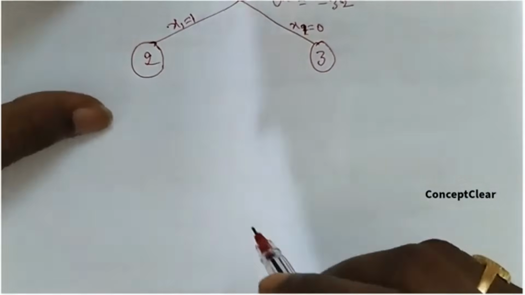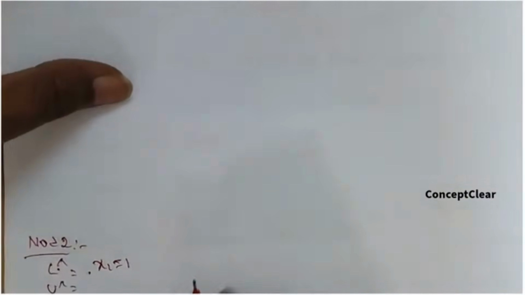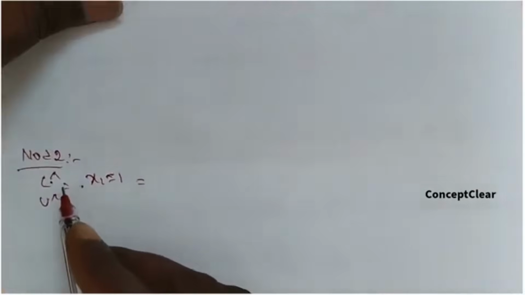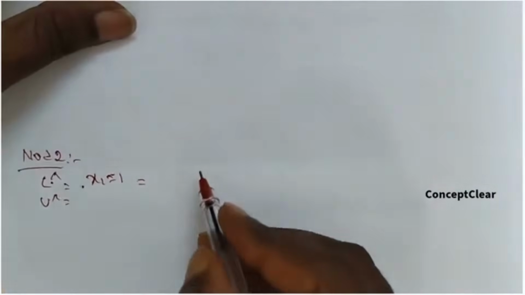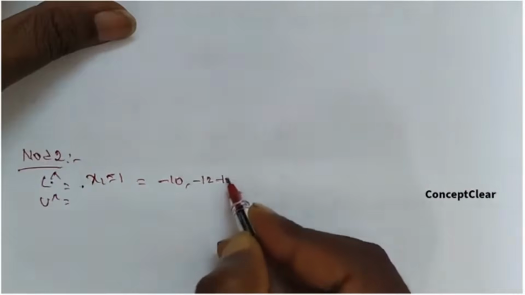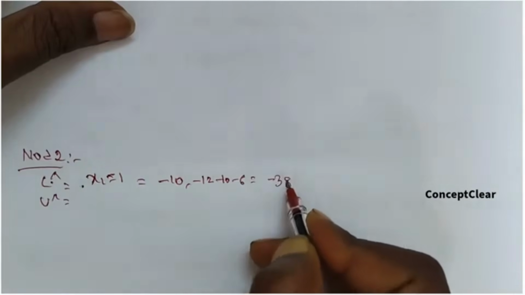What about the fourth? For the lower bound, the fraction values will be considered. The values are the same as the previous values, so I am not doing it here. The lower bound values are minus 10, minus 12, minus 10, minus 6. What is the total here? Minus 38.